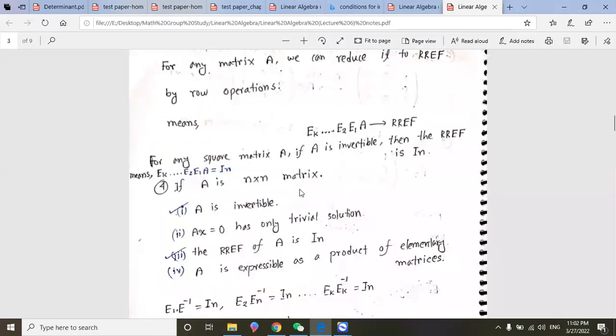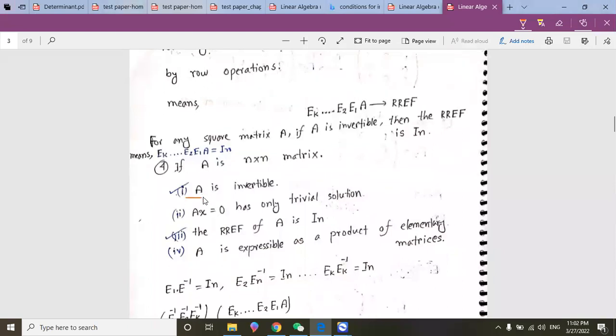So you see here the condition. A is invertible and Ax equals 0 has only the trivial solution. The RREF of A is an identity matrix, and A is expressible as a product of elementary matrices.